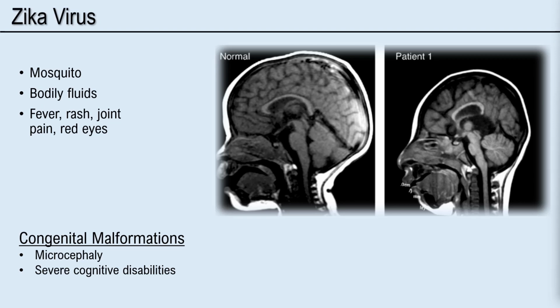So the WHO recommends practicing safe sex or abstinence for a period of 3 months for men and 2 months for women who are returning from areas of active Zika. This prevents sexual transmission to their partners. So Zika has been shown to significantly affect the developing nervous system of fetuses, in particular with microcephaly and severe cognitive disability.